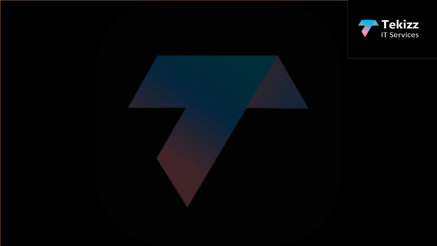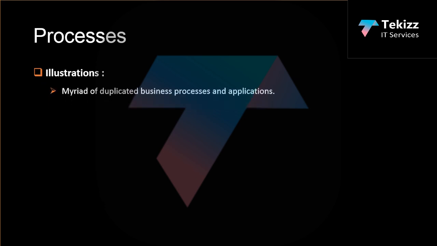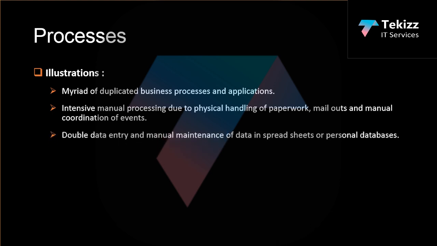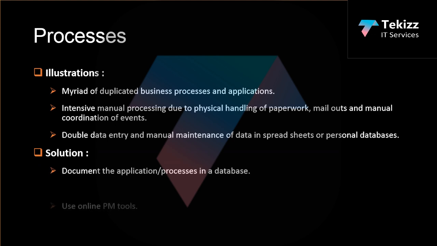And after that, we have the next category of processes. The illustrations will be a myriad of duplicated business processes and applications. Intensive manual processing due to the physical handling of paperwork, mailouts, and manual coordination of events. Double data entry and manual maintenance of data in spreadsheets or personal databases. Now, to solve this issue, first we can document the applications and processes in a database.